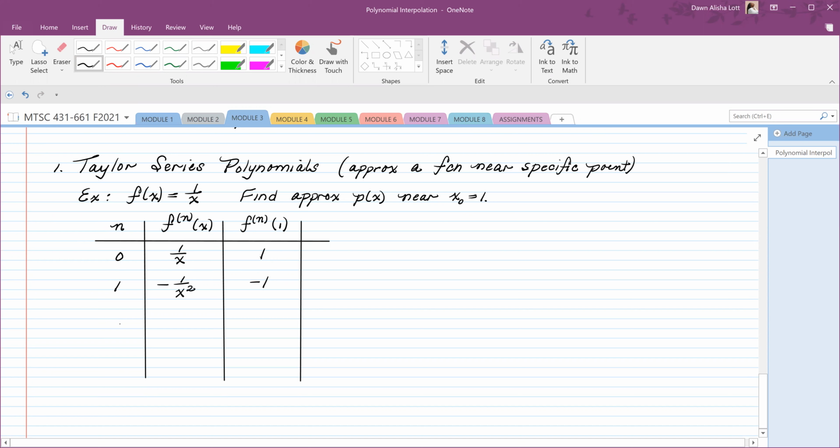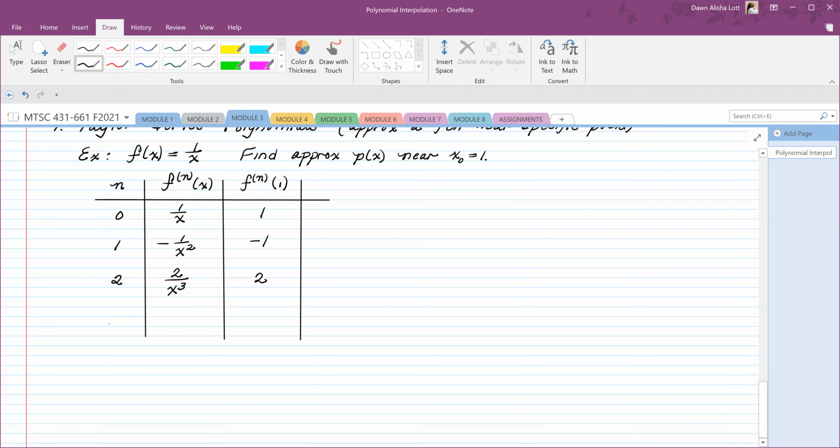And then the second derivative is positive 2 over x cubed. And so this is a 2. And then the next derivative, 3, is negative 3 factorial over x to the 4th. So this is negative 6, etc., etc.